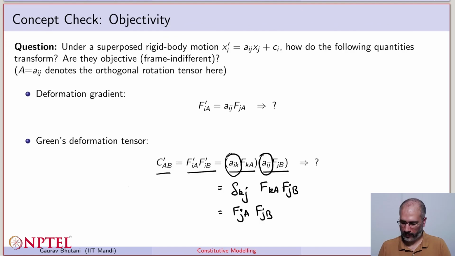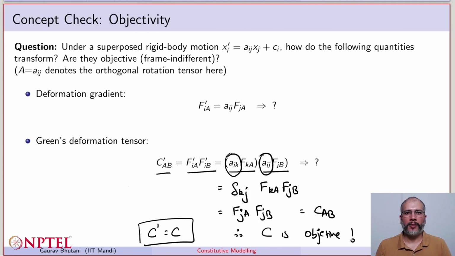So in symbolic notation, I can write C' as C, because this was C_AB. So what we notice is that the quantity C, the Green's deformation tensor, does not depend on the observer's rotation. It stays the same. If the observer rotates, the observer still measures the same quantity, that is C. So C, the Green's deformation tensor, is an objective tensor.